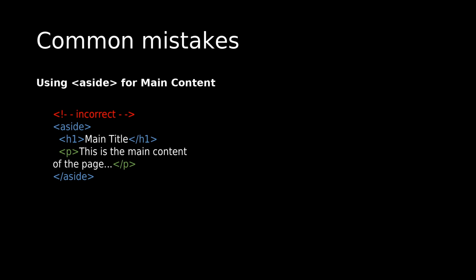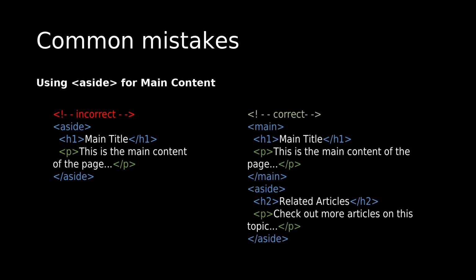If you place primary content such as the main article, key information, or anything crucial to understanding the page inside an aside element, it leads to semantic confusion and can affect search engine optimization and accessibility. So reserve the aside element for non-essential content like sidebars, related links, or advertisements. Use elements like the main element, article, or section for the primary content.